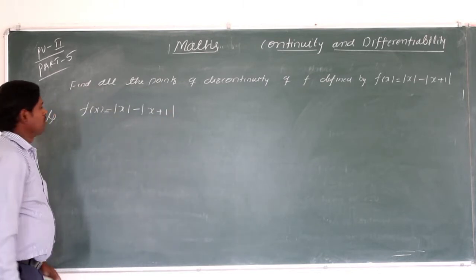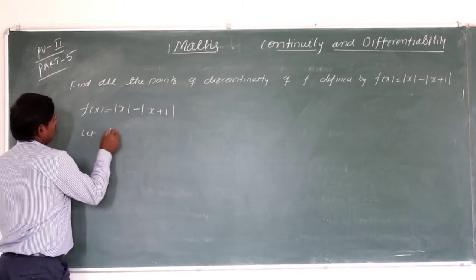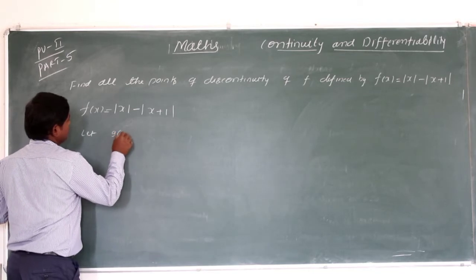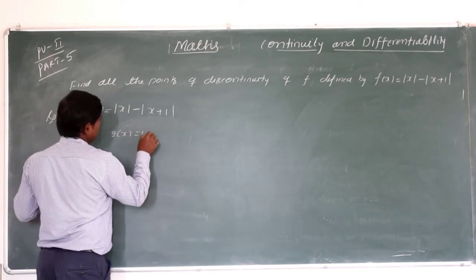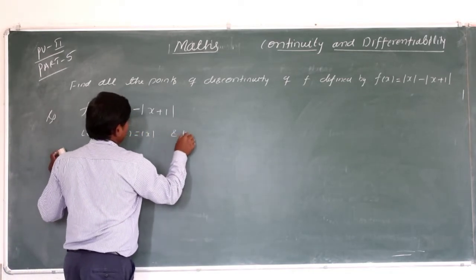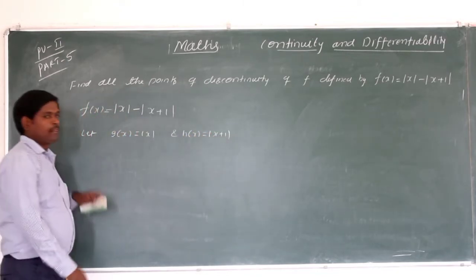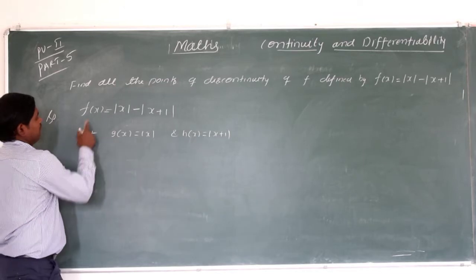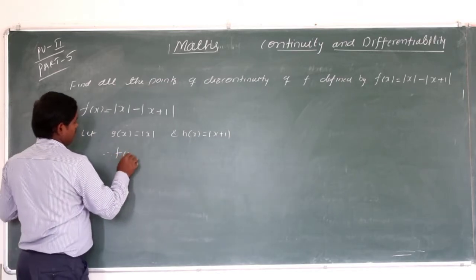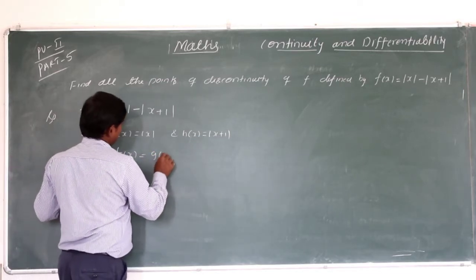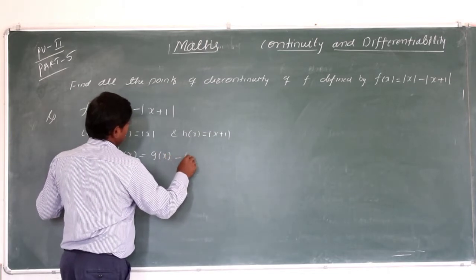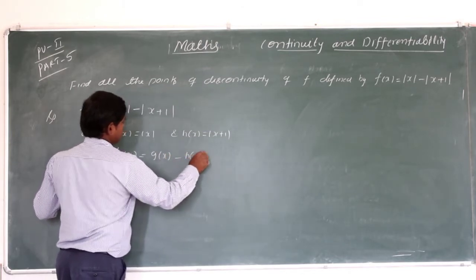So let g of x is equal to mod x and h of x is equal to mod x plus 1. Therefore f of x is g of x minus h of x.